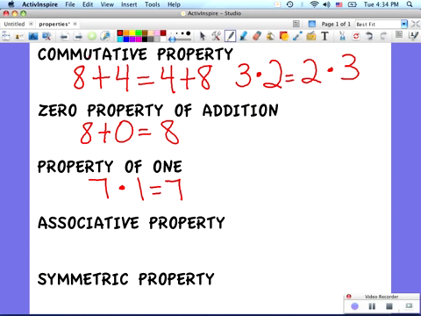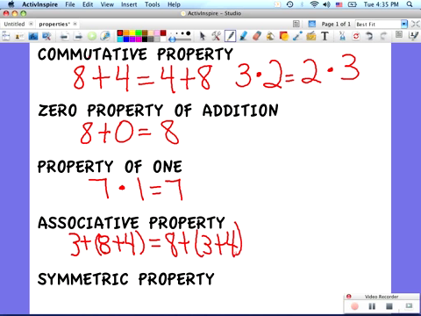The next property we're going to talk about is called the associative property. The associative property is different than the other properties because it has parentheses. The associative property tells us that when we have 3 numbers and we add, it doesn't matter what order the numbers are in. 3 plus 8 plus 4 equals 8 plus 3 plus 4.